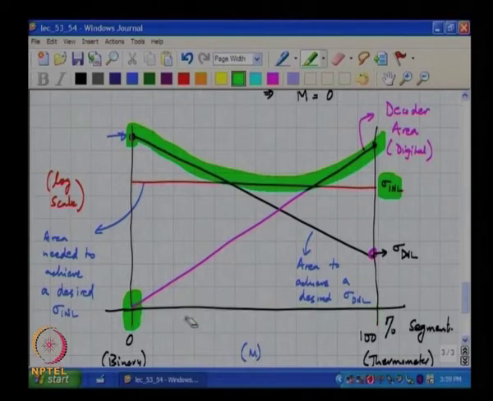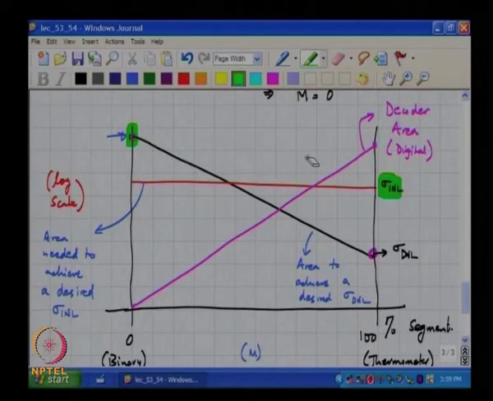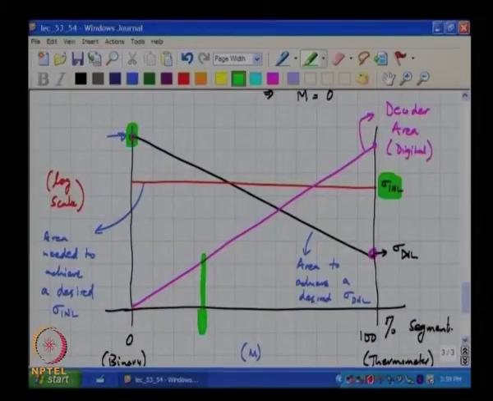Let us assume the logic is very, very small, then this line will move parallelly down, which means that the decoding is free. If the decoding logic was magically possible to make zero area, then what kind of segmentation would you choose? Then you would choose 100% thermometer.